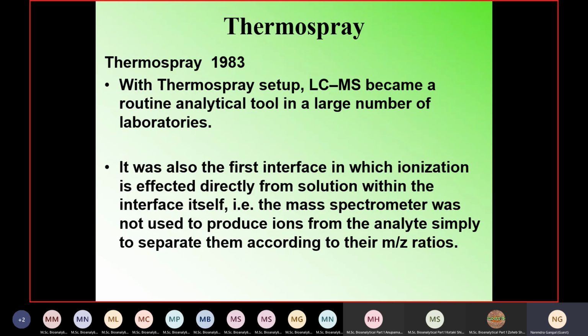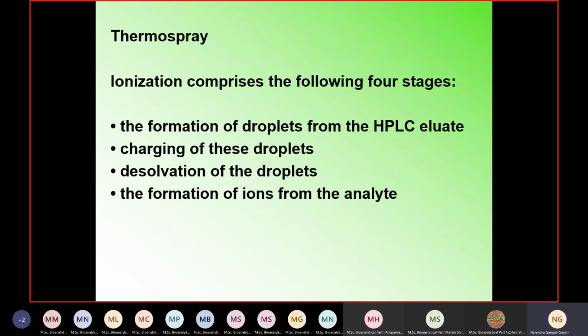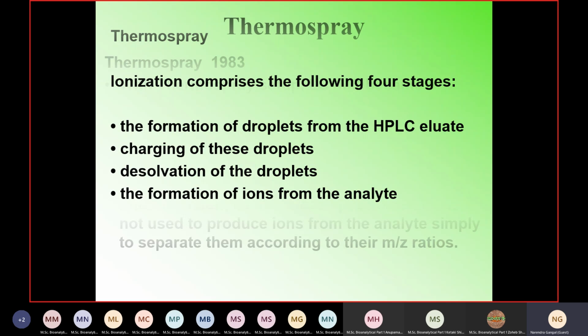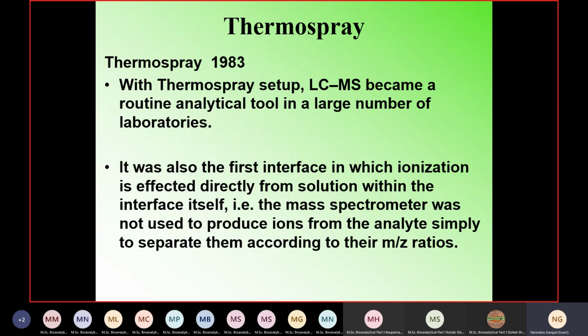Now let us go further ahead about the thermospray. Let us see how it works. Again, in all these techniques, you need to evaporate; the ions have to be in the gaseous form. They can't be in the liquid form. So when I am coupling my liquid chromatograph to the mass spectrometer with a thermospray as an interface, thermospray works both ways.